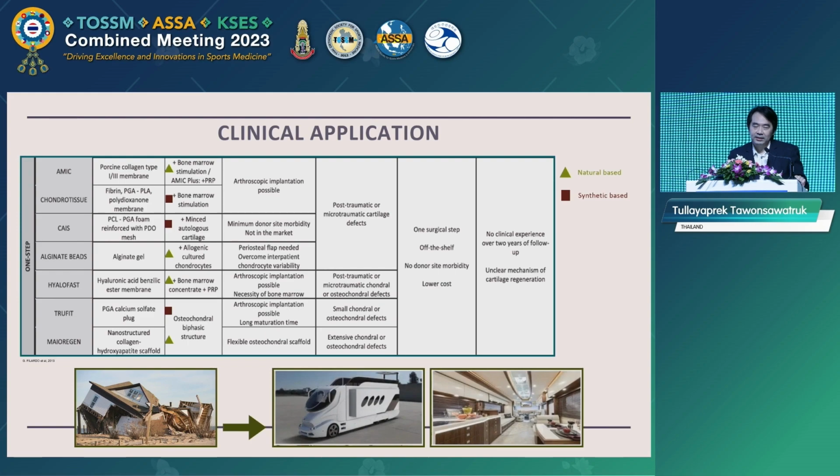And we use BMAC, a recent technology, to provide the cells. However, I think the yield of cells in BMAC is not equal to cultured MSC. It's different. BMAC is spun bone marrow aspirate to increase the yield of mesenchymal stem cells, which is put in the scaffold and applied in the cartilage defect. This is the one-step approach.